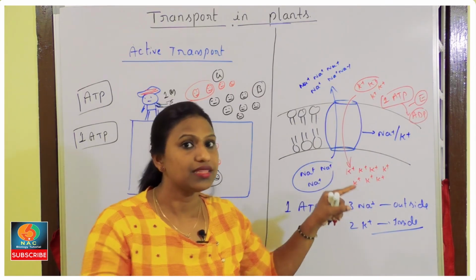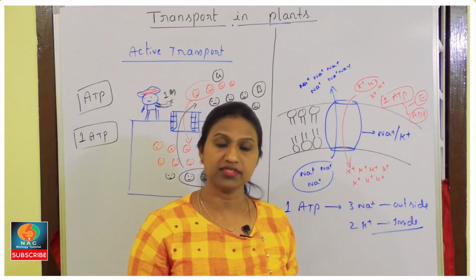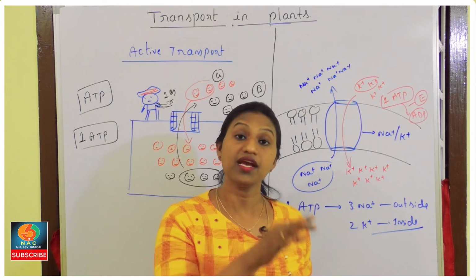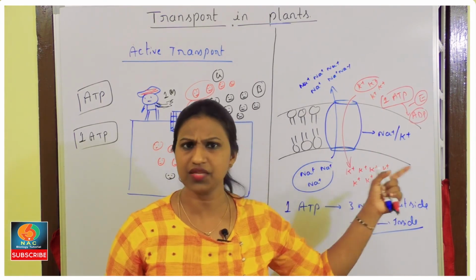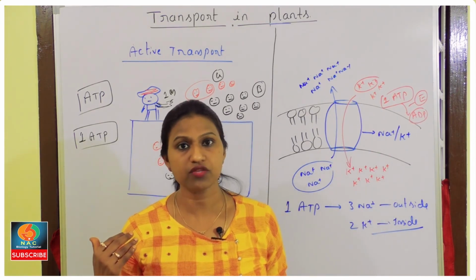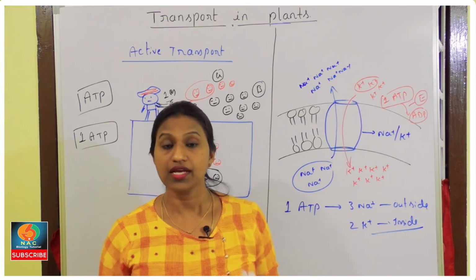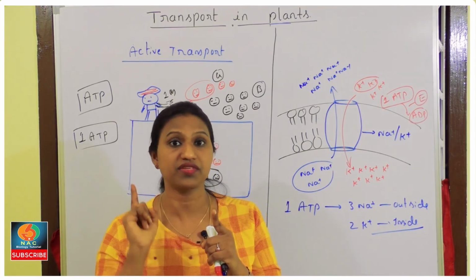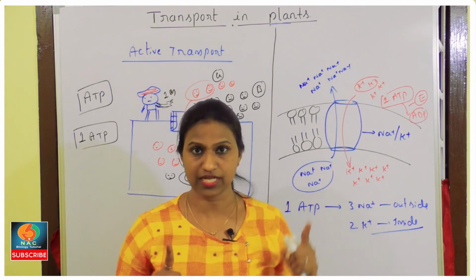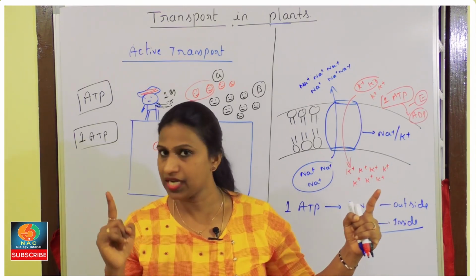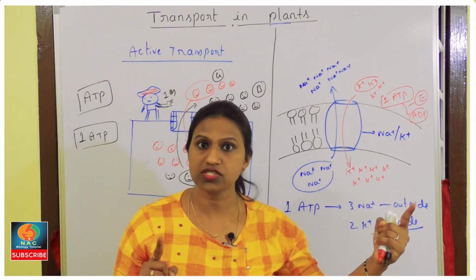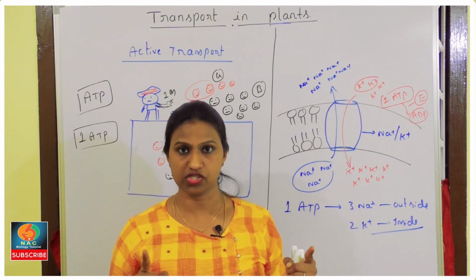But here, they do not follow the concentration gradient. They go against the concentration gradient with the expenditure of energy, that is, ATP is used. There, we didn't say that ATP has been used. That is the main difference between facilitated diffusion and active transport: ATP used, ATP not used; against the concentration gradient, along the concentration gradient.